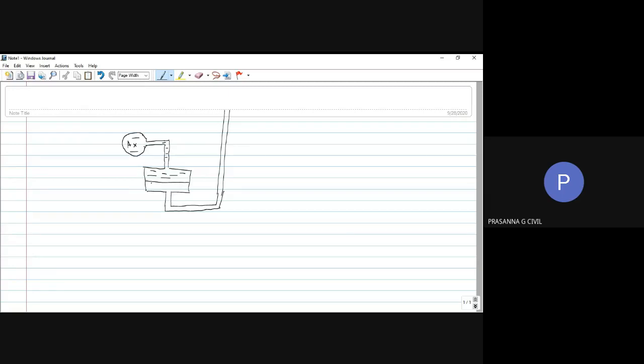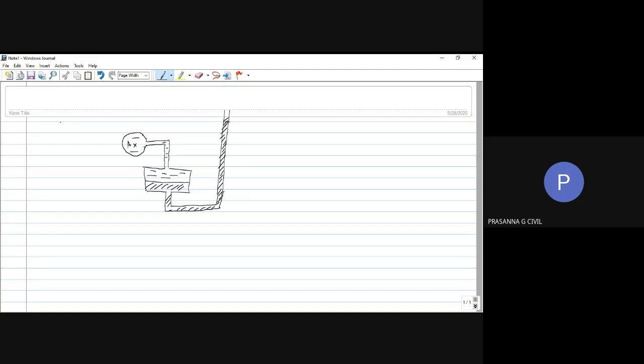From here, instead of marking mercury dark, I'm just doing this. This is mercury, okay? It's going up above the point A, till here. All that is mercury.